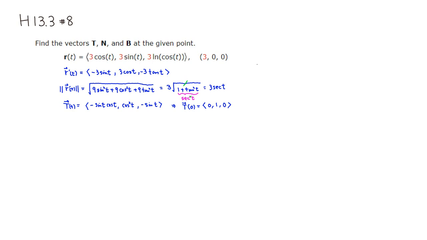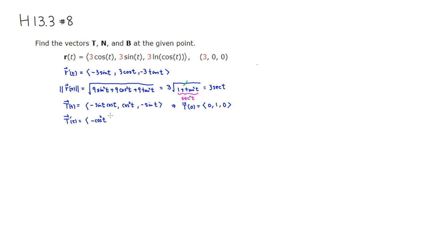To find the normal vector, we need to take the derivative of this. The derivative of negative sine of t is negative cosine of t, times cosine, so it's squared.